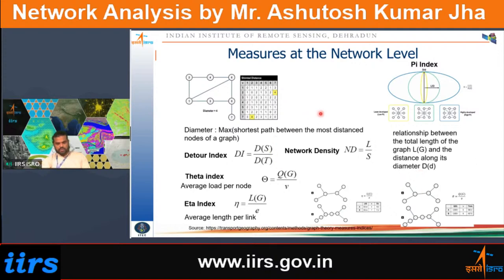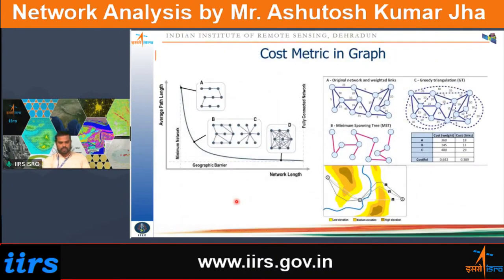So these are a few measures which are computed once you have the representation of your data set in the form of networks. Once we have those metrics, we can also get the cost matrix in the graph, which will be used for solving different routing problems.